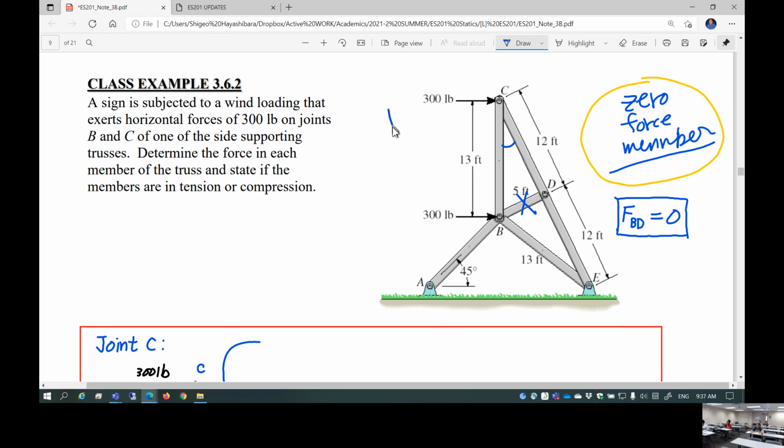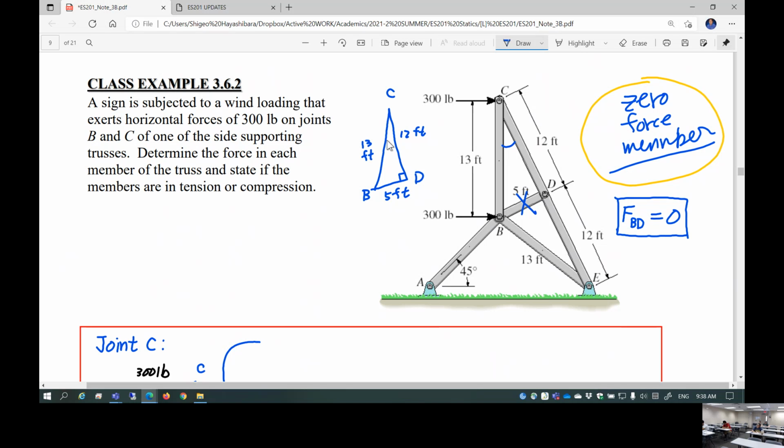So let's just pick up a right triangle. This is the CDB right triangle. And you know this is 12 feet, this is 13 feet, this is 5 feet.